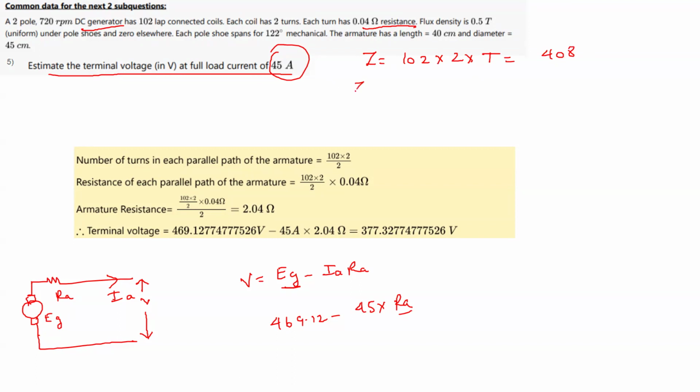Now, what is the number of conductors per parallel path? Number of parallel paths are 2, equal to the number of poles. So this is 204. There are 204 conductors here, and 204 conductors here.